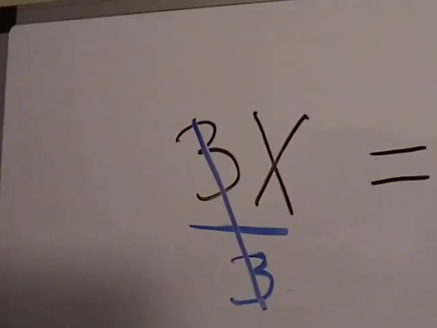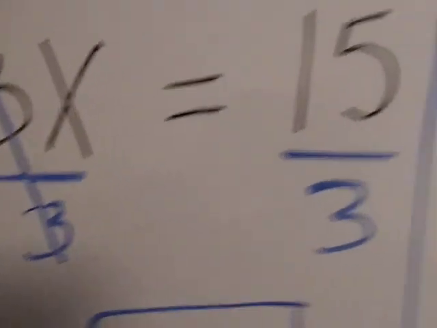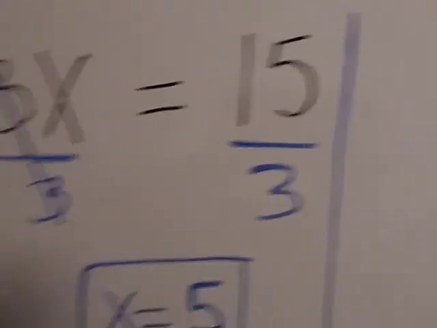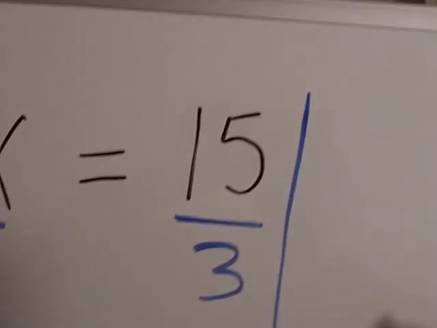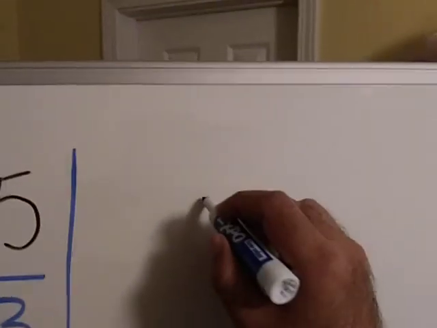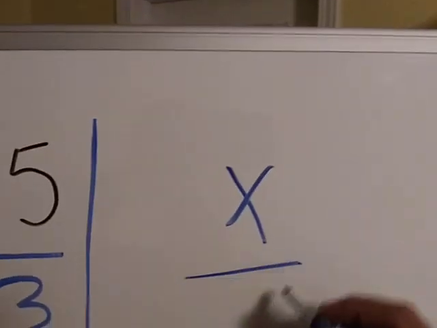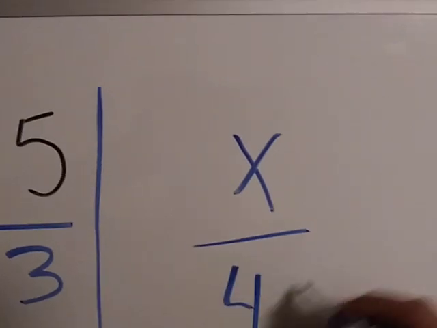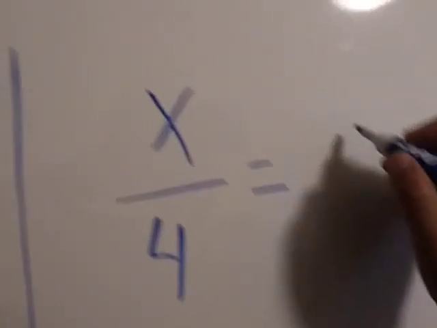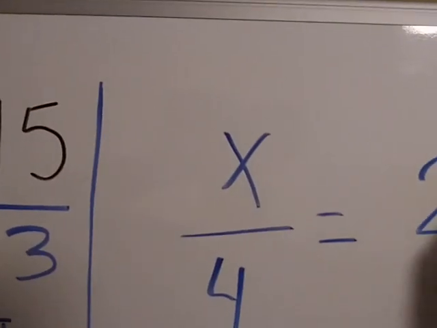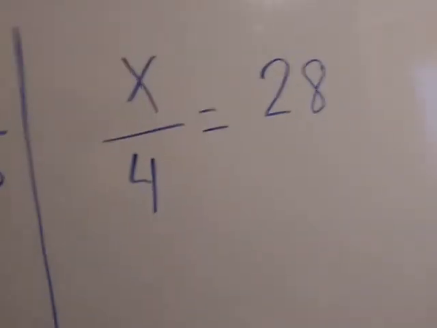Now let's proceed with an example to show the concept. We showed multiplication, now let's show division. So we have, let's say, x over 4 equals 28, for example.